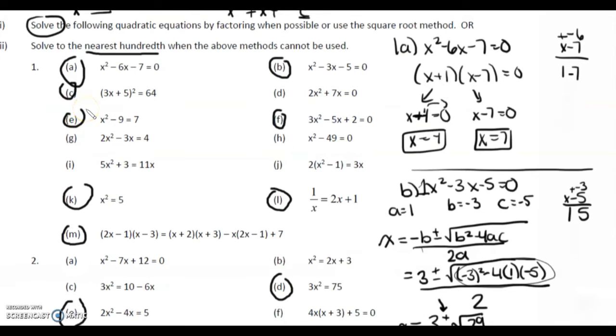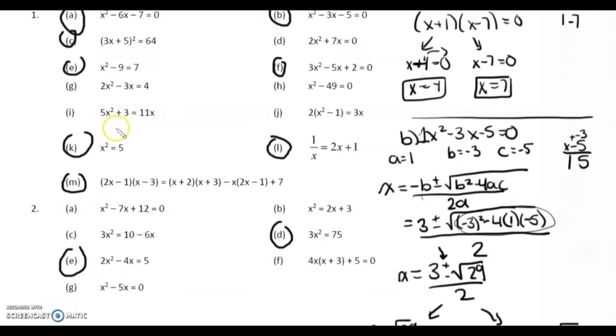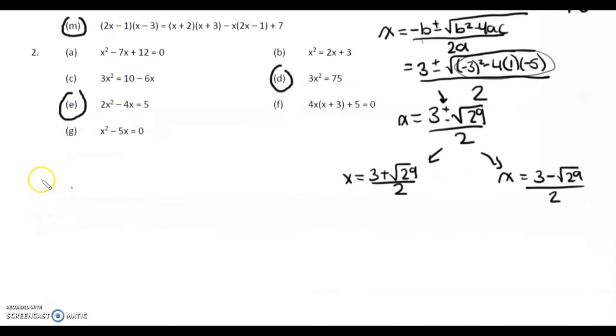Okay, we're going to do c. So 3x plus 5 squared equals 64. The way it is right now, we can't actually solve. So we have to completely expand everything. 3x plus 5 times 3x plus 5.